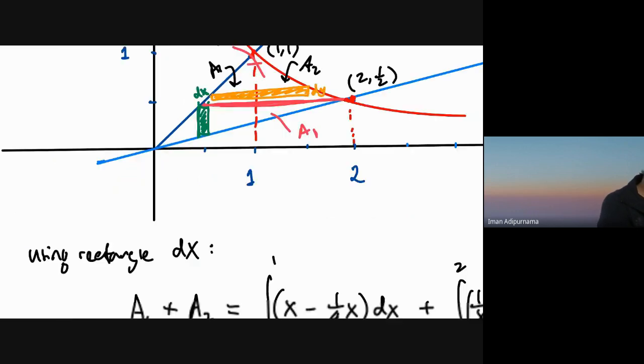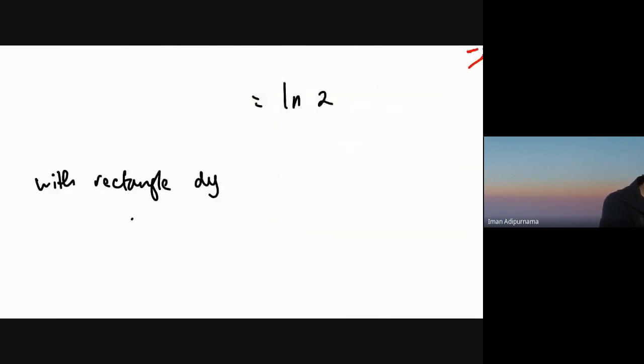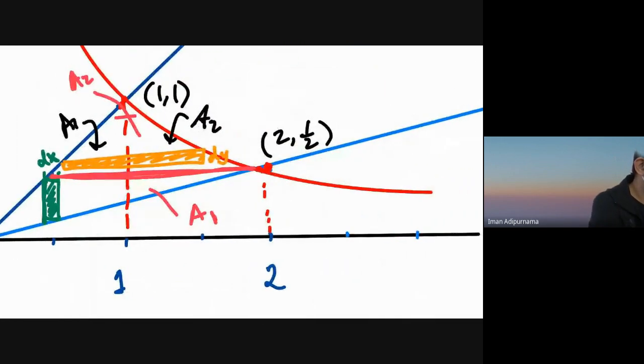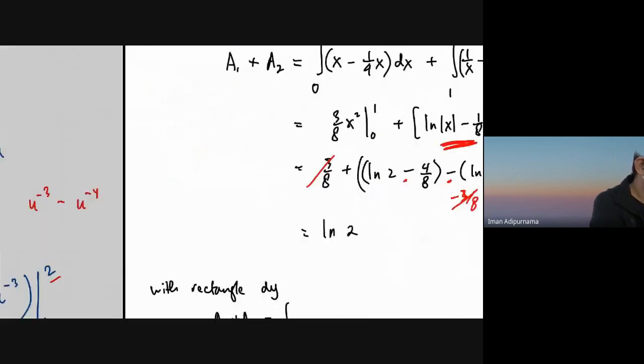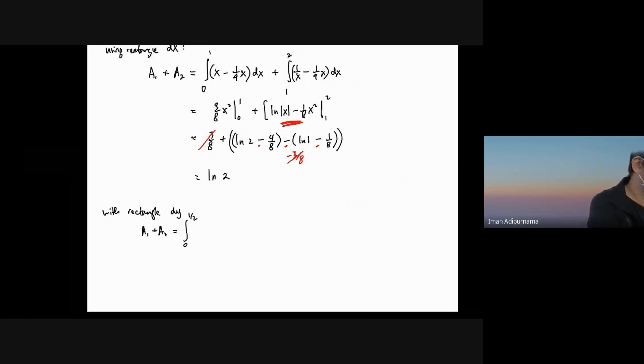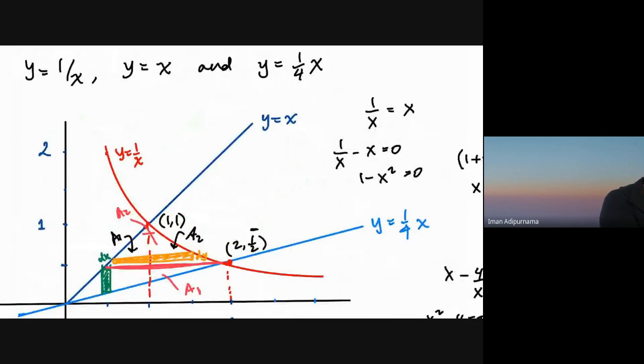So let me write A1 plus A2. This will be integrations, starting from 0 to half. I forgot to exchange all the variables: this is x equals 4y, x equals y, and x equals 1 over y, because we are going to compute with respect to dy.